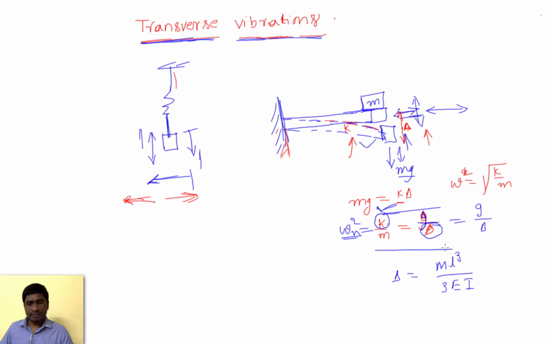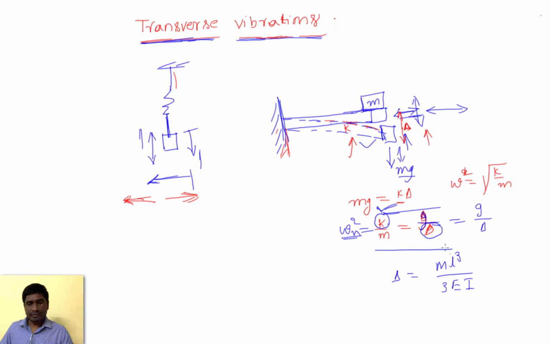For example, if it is a square cross section, then it has some moment of inertia. Instead of square, if it is circular, then again it will change. So this depends on the cross section of the beam that we use here. By knowing this delta, we can calculate the omega n.